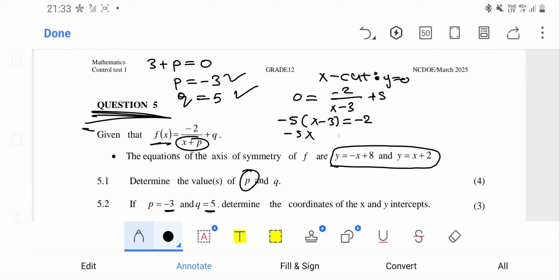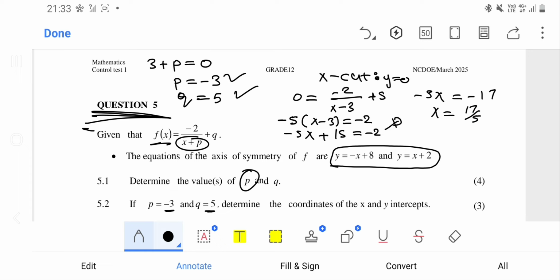Negative 5x plus 15 is equal to negative 2. So it's negative 5x, and you move positive 15 to the right hand side, we get negative 2 minus 15, which is negative 17. So x is equal to 17 divided by 5.